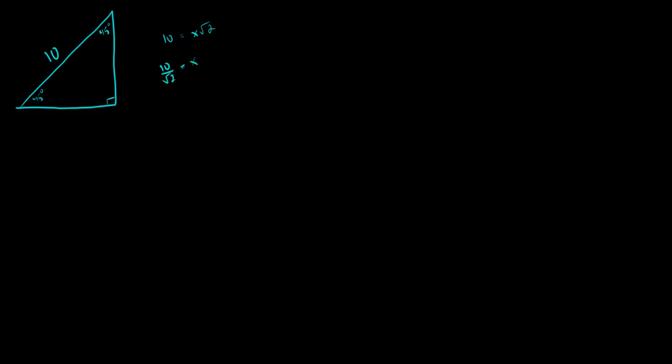But remember, we can never have a radical in our denominator. To rationalize this, I'm going to multiply by root 2 over root 2, which gets us 10 root 2 over 2 equals x. Ten over 2 is 5, so each of these legs is 5 root 2.